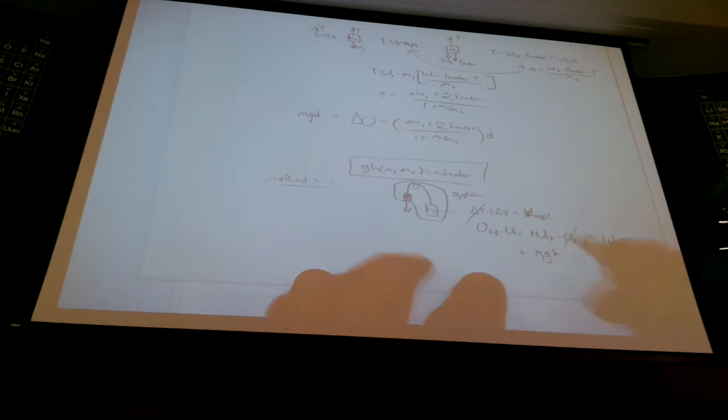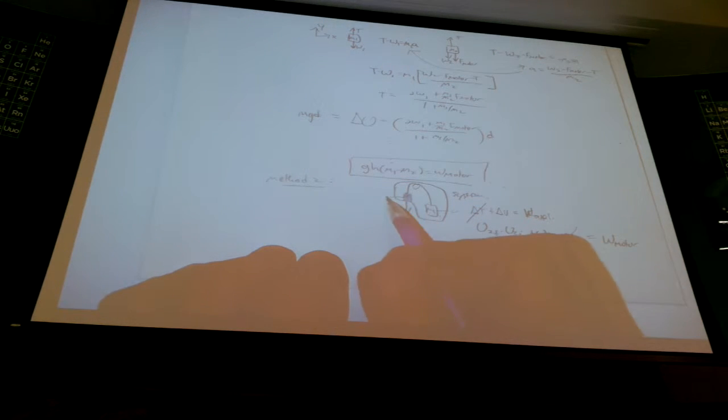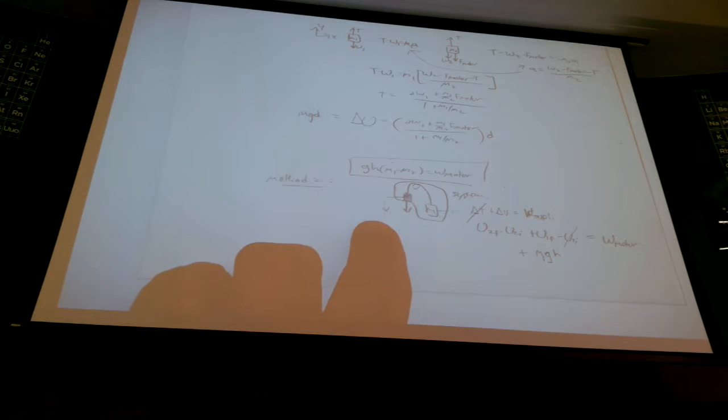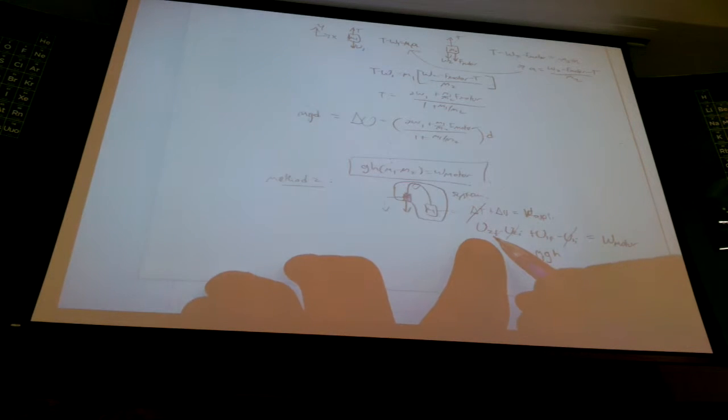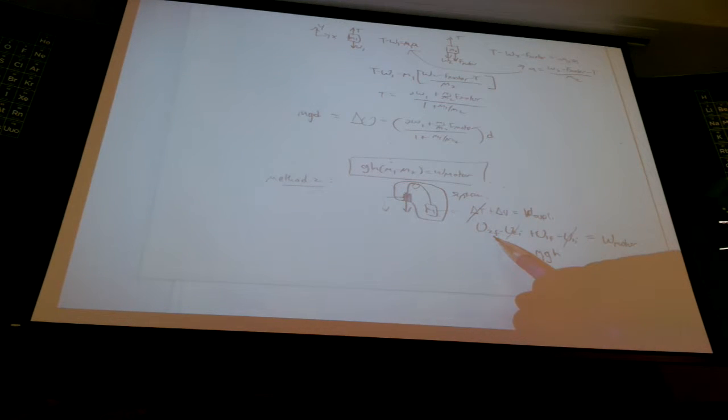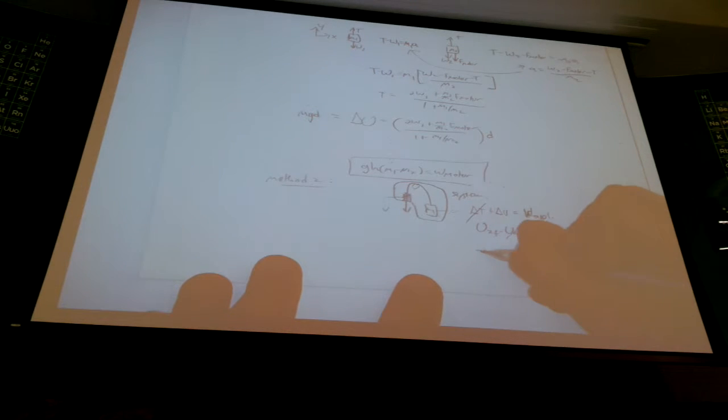And then for the second guy, he's starting, let's say he starts at 0, he goes down m2 times g times d. He goes down a distance of d. So his initial is also 0, but his final is below 0. So his final is actually negative, which gives me minus m2 gd equals the work of the motor.